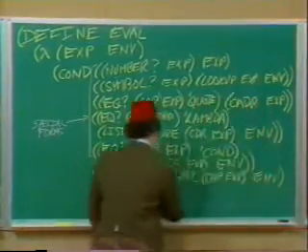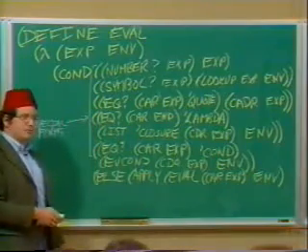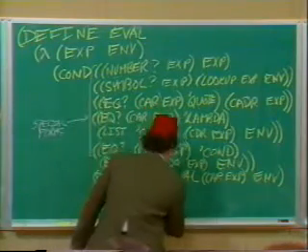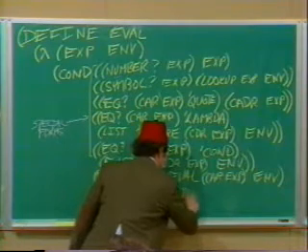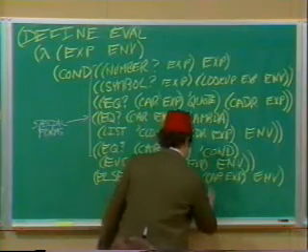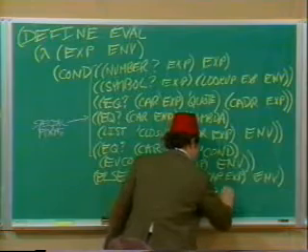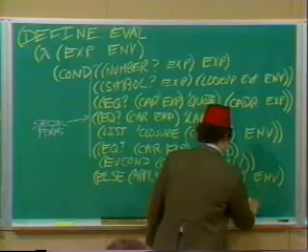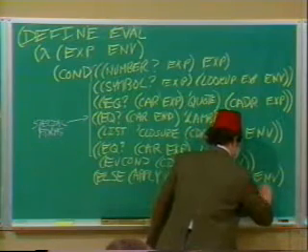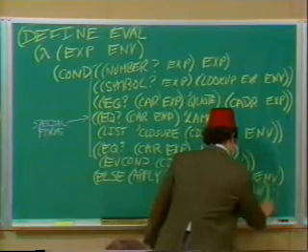so evaluating the operator gets me the procedure. And now I have to evaluate all the operands to get the arguments. I'll call that evlist. The cdr, that's the operands of the expression with respect to the environment. Evlist will come up later.